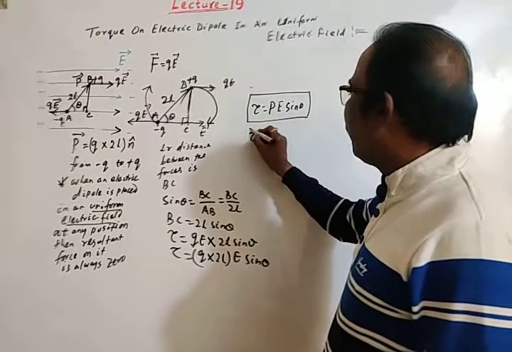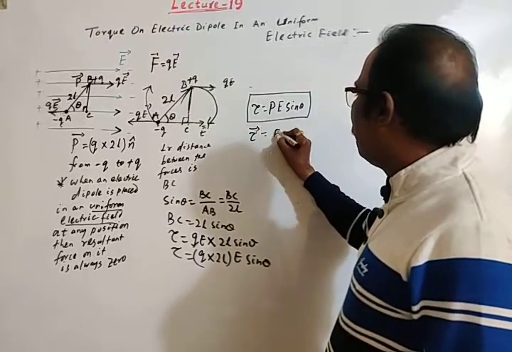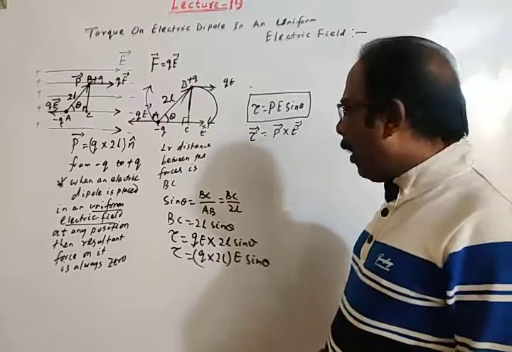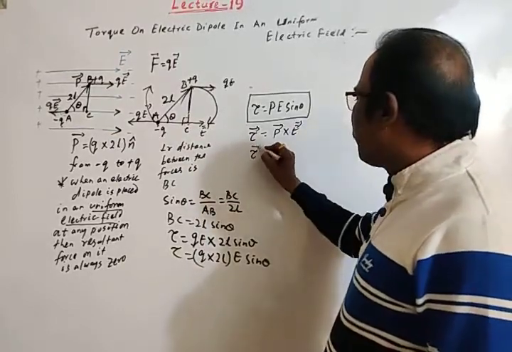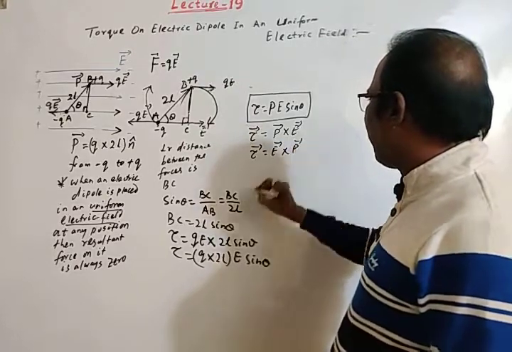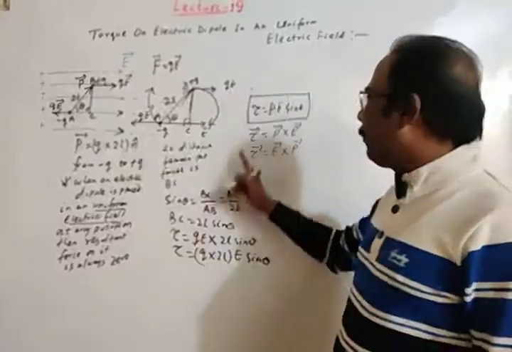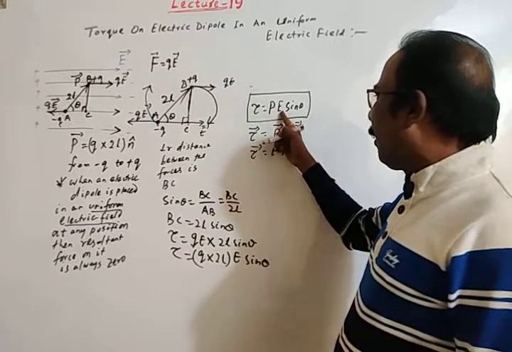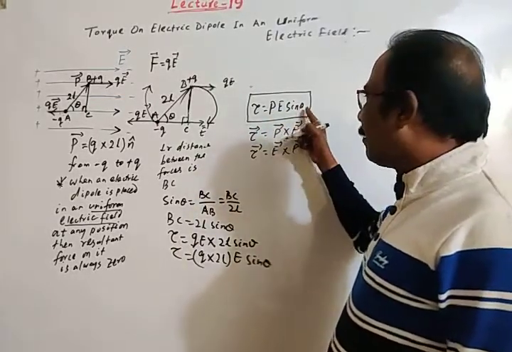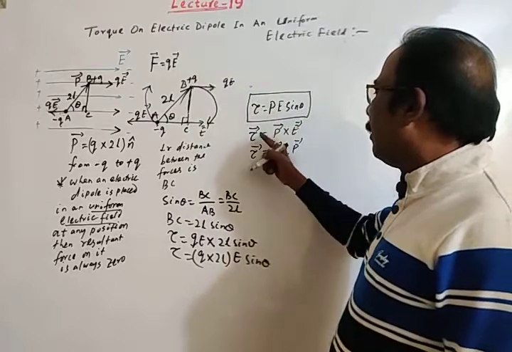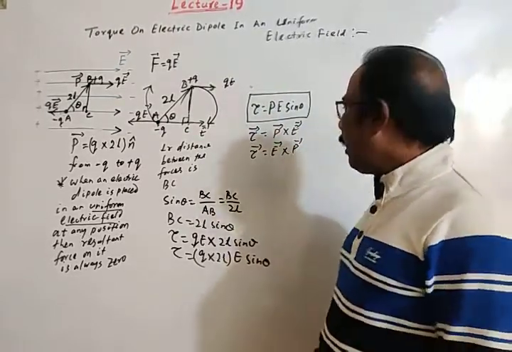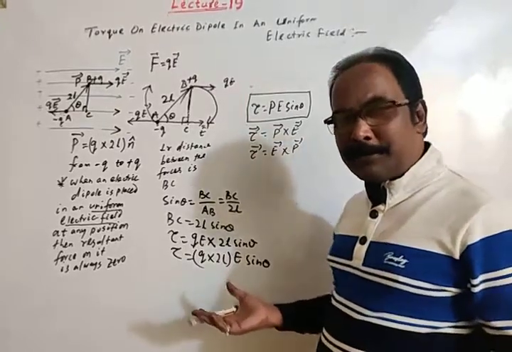So I may write in vector form, torque is equal to P vector cross E vector. Of course, you may also write torque is equal to E vector cross P vector, if theta is the angle between dipole moment P and electric field intensity E. Then which is right?